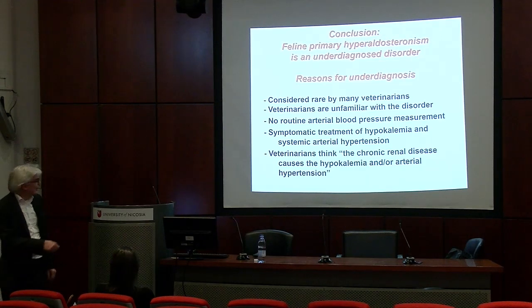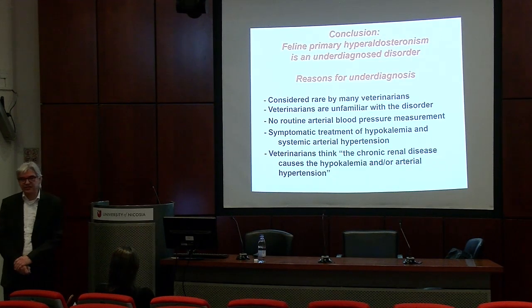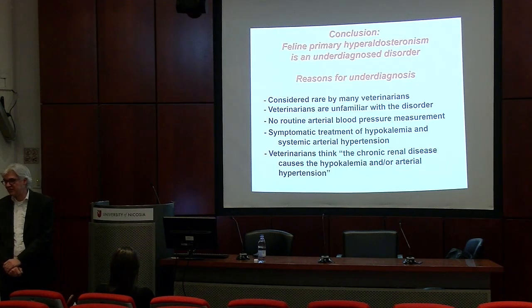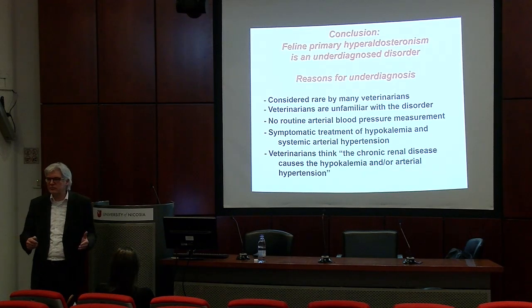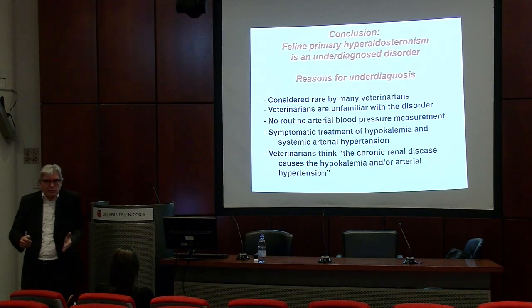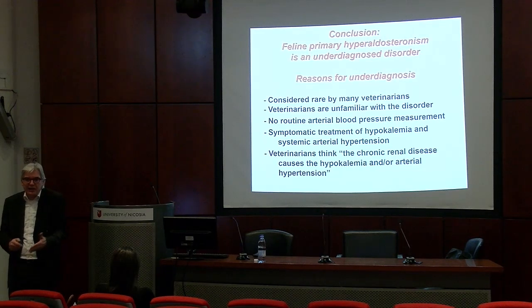And also interesting, I told you something about chronic kidney disease. What do we know from cats with chronic kidney disease? Well, we know it can result in hypokalemia. Why? Well, maybe because they also have hyperaldosteronism.